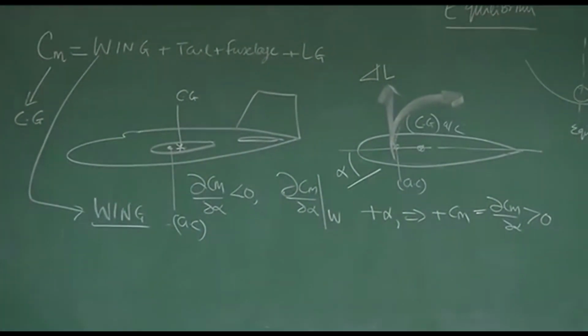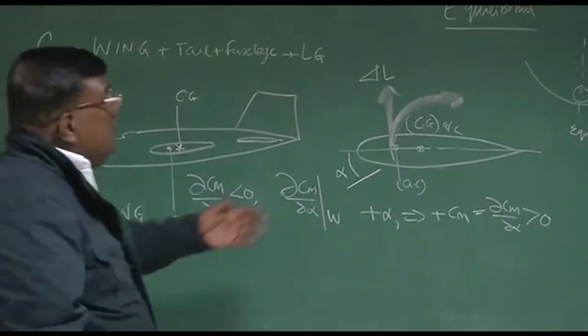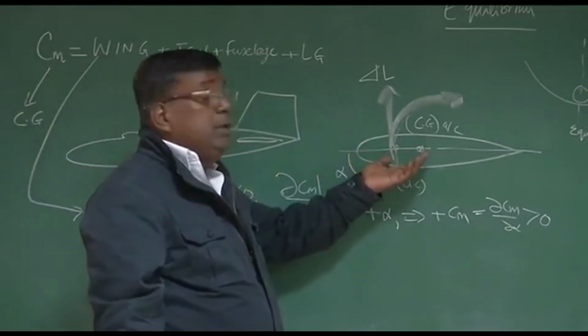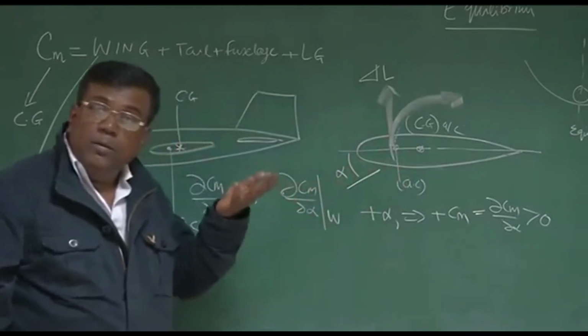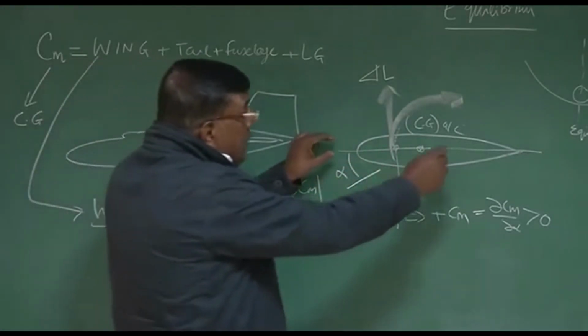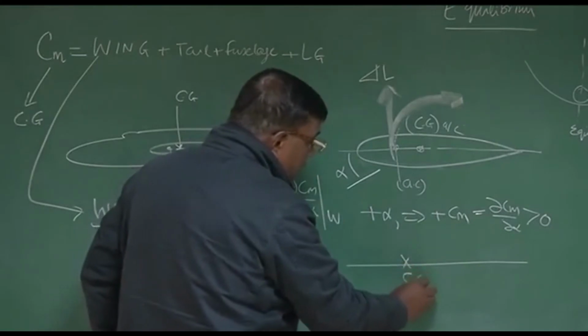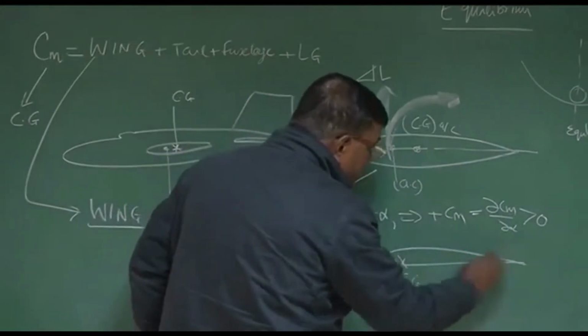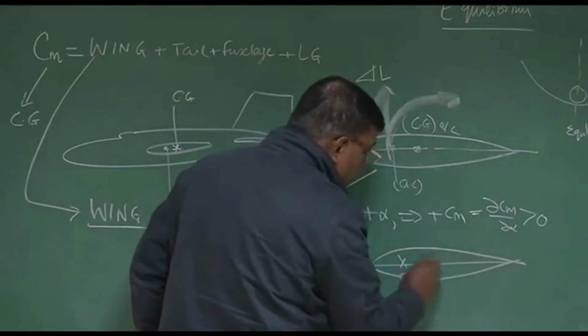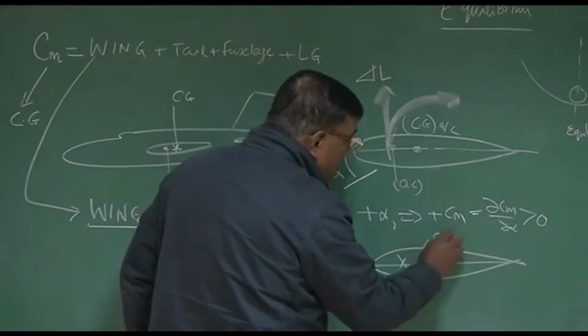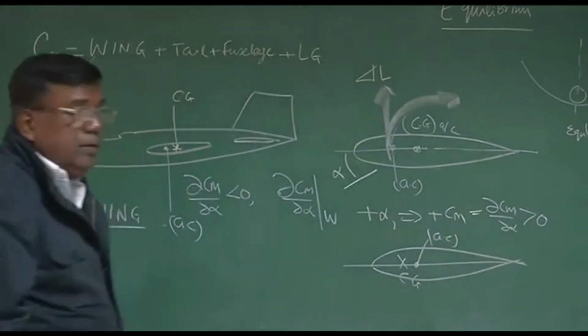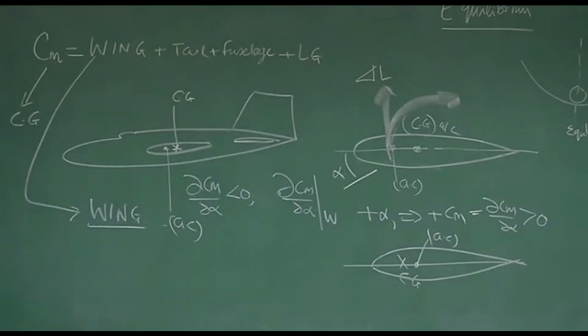Clear? How do you make the same wing have a stabilizing contribution? You have to ensure that I lay the wing in such a way that if this is the CG of the airplane, I put the wing in such a way that AC is behind CG of the airplane, it will give stabilizing contribution.